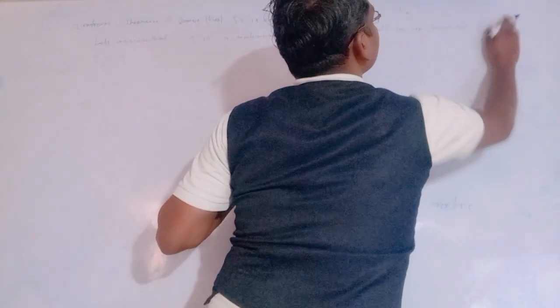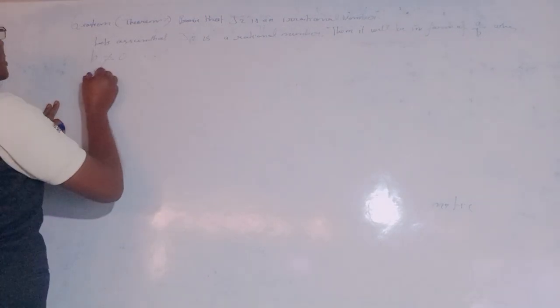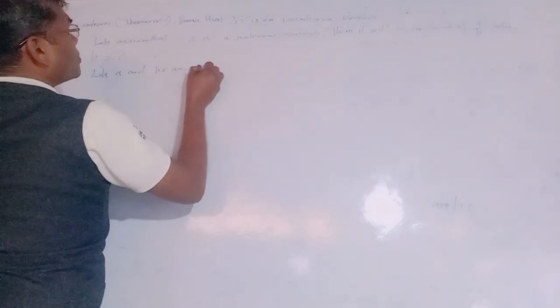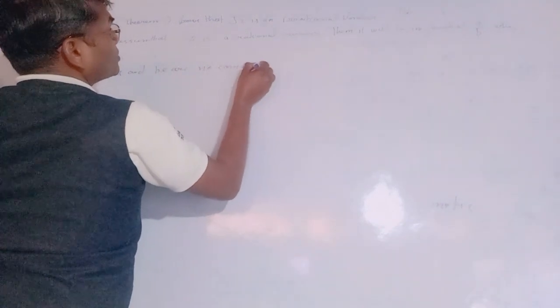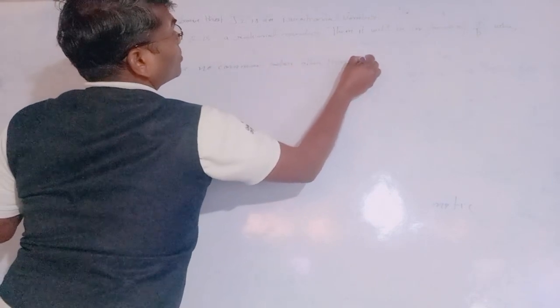Let's take a by b, where b is not equal to 0 because it's a denominator. Let's say a and b have no common factor other than 1.